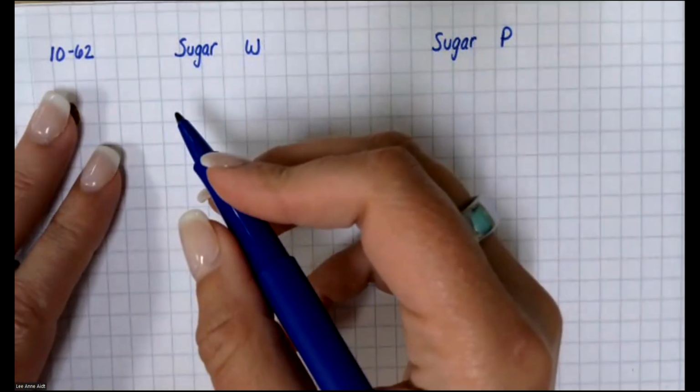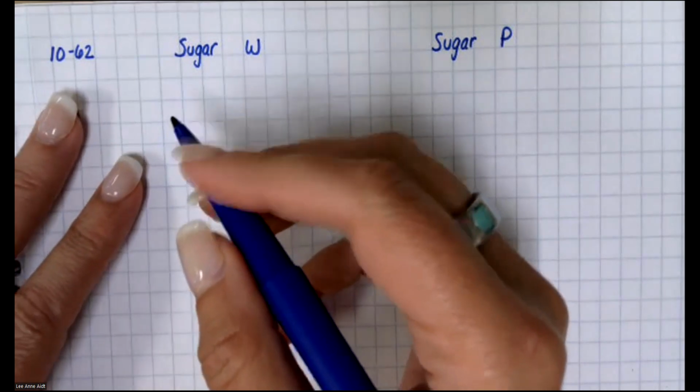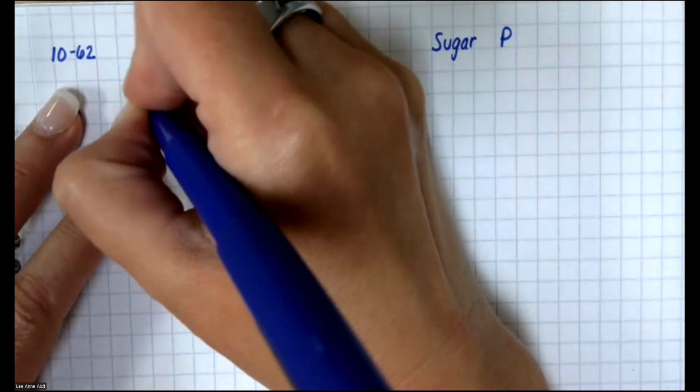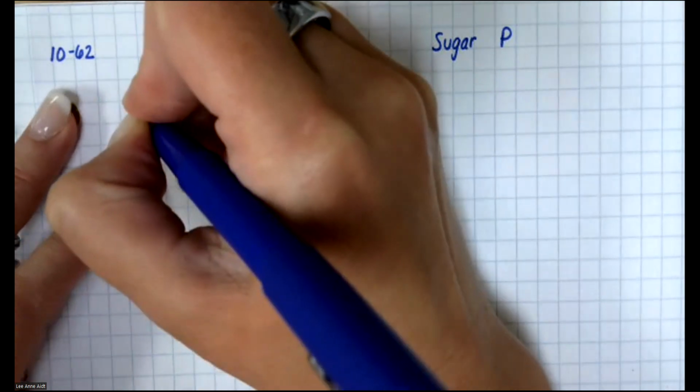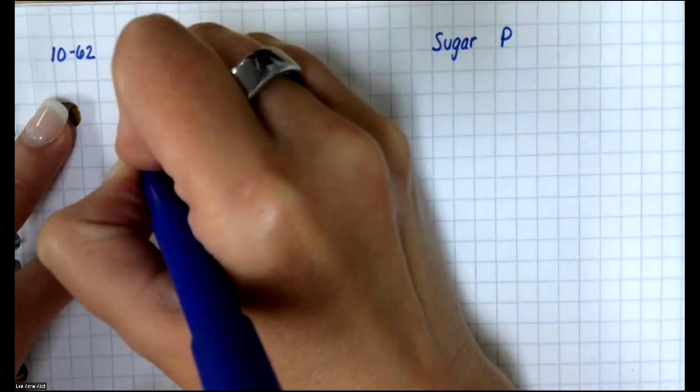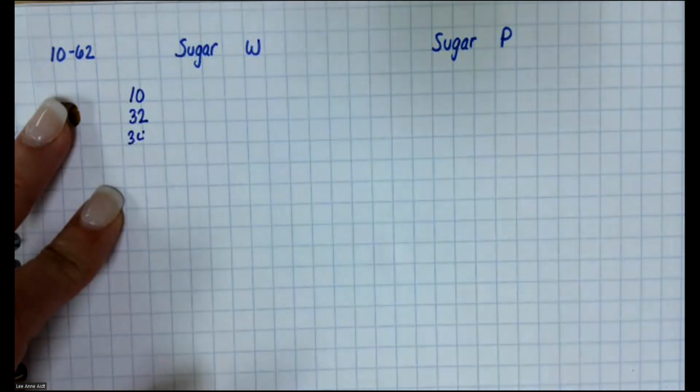What do I do first? List the numbers in a column. Already screwed up, already screwed up.